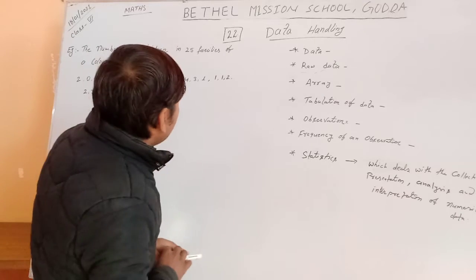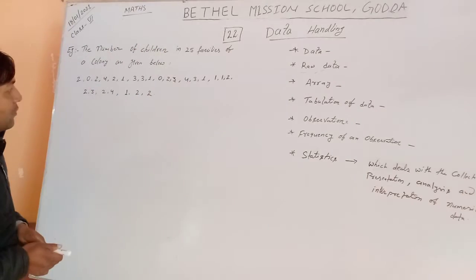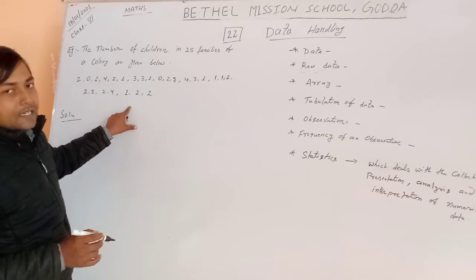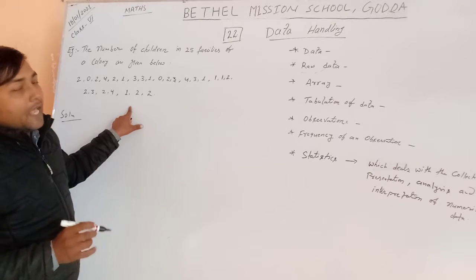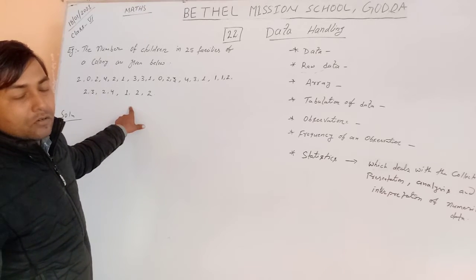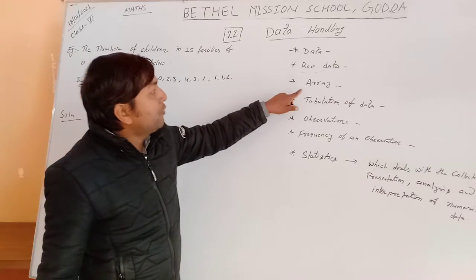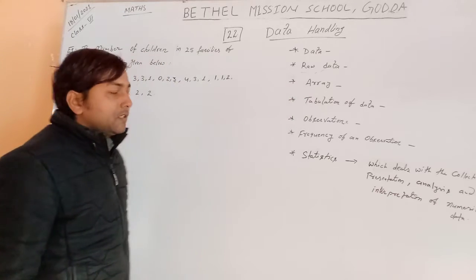Your first work is to arrange the data in ascending or descending order. Simply, we arrange this in ascending order. You have to make the array first.